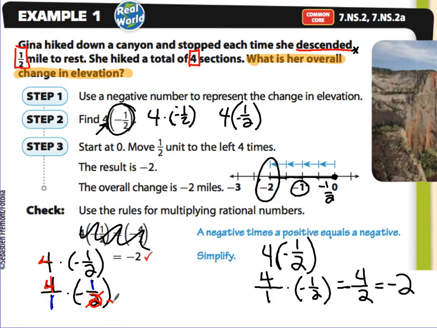So if I divide each of these by 2, 2 divided by 2 is 1, and 4 divided by 2 is 2. So now I can multiply straight across. And obviously 1 and 1, I don't need to simplify any further. When I multiply straight across, I get 2 times 1 being 2, and 1 times 1 being 1. So I get negative 2/1, which I automatically know gives me negative 2. So I don't have to do this simplification part here. It's already simplified.